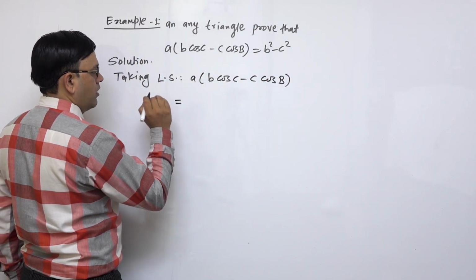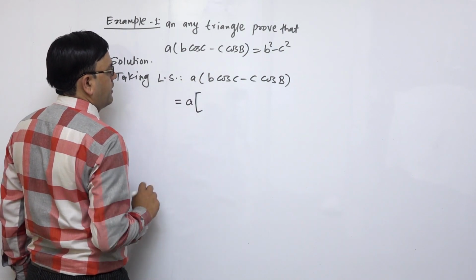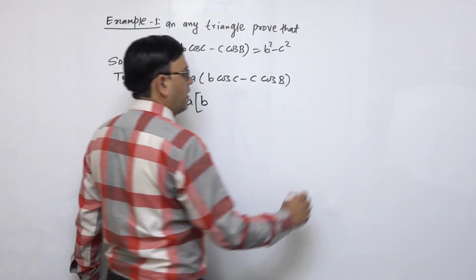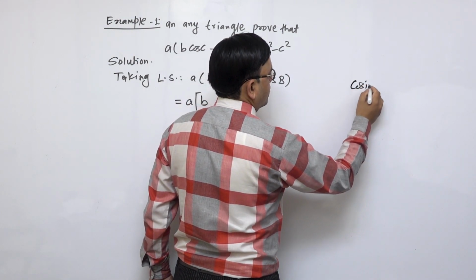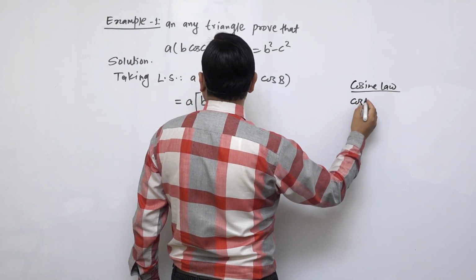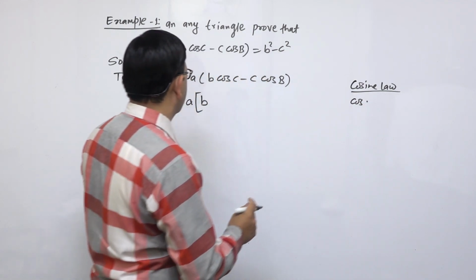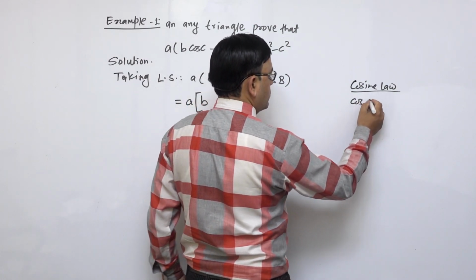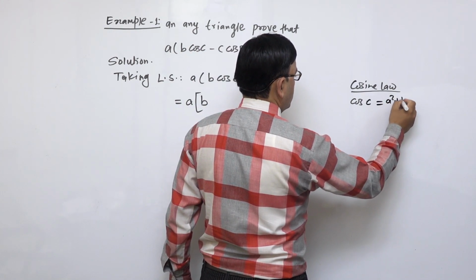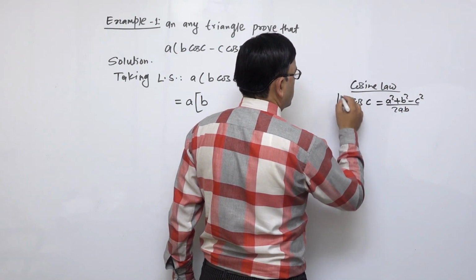So this is equal to a times, in brackets, b cos C. For the formula of cos C, we use the cosine law. According to the cosine law, cos C is equal to (a square plus b square minus c square)/2ab.